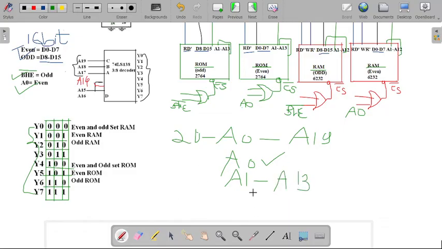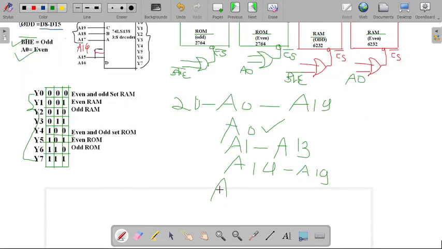And out of that, the 12 address lines we have done with our RAM structure. Now, line number 14 to line number 19 is remaining, and that we have to connect with our 3-to-8 decoder. So the last three lines, that is A17, A18 and A19. So these three address lines we are using for A, B, C input.